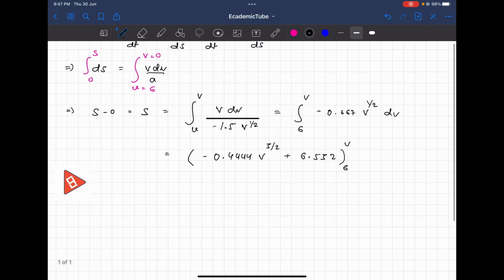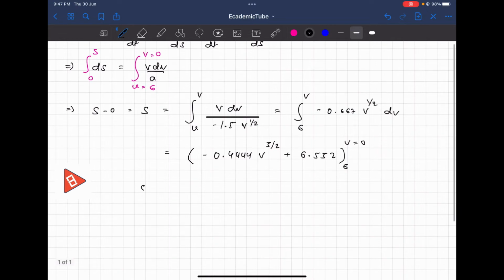Okay, so as we know v is equal to 0, so the final answer will be minus 0.4444 times 0 to the power 3 by 2 plus 6.532, which is equal to 6.53 meters.